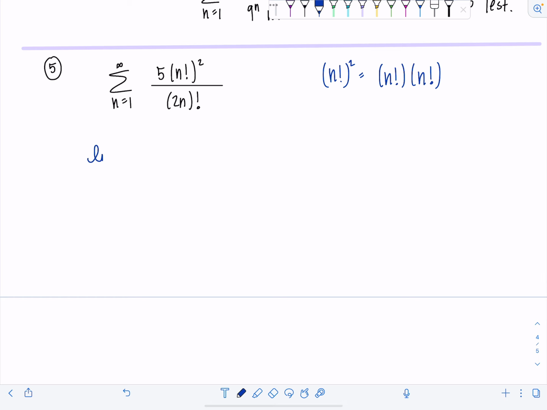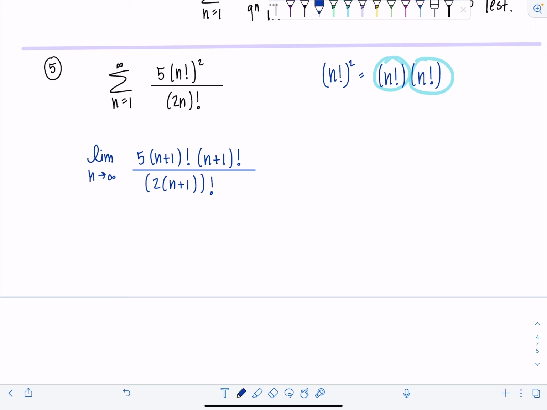Alrighty, so we've got the limit as n approaches infinity. Let's write out a_(n+1). I'm going to have 5 times, and I'm already going to jump to writing it out twice, instead of using the squared notation. So (n+1) factorial, (n+1) factorial, since it's squared. And then we have 2 times (n+1) factorial.